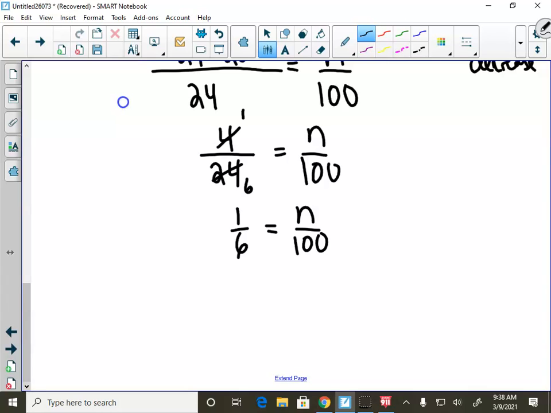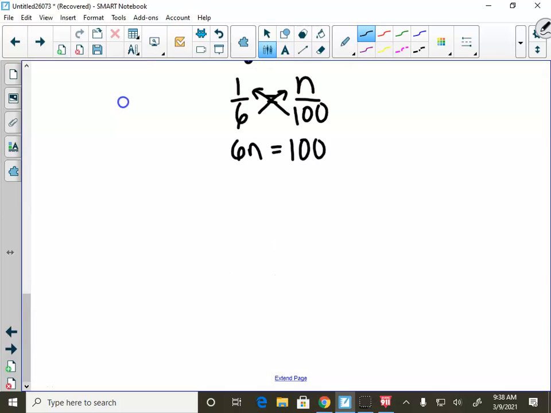So now we'll use our cross product method to solve this proportion. And we're going to get 6n is equal to 100. Then to solve for n, we divide both sides by 6. We'll set it up over here and do our short division. 6 goes into 10 one time, there's 4 left over. 6 goes into 46 times, there's 4 left over.